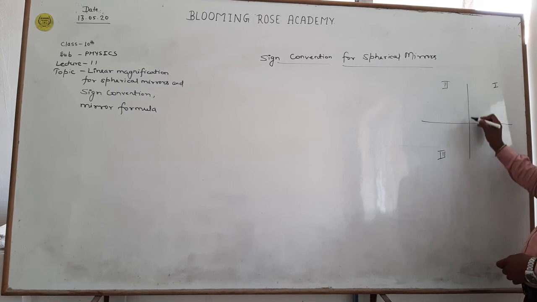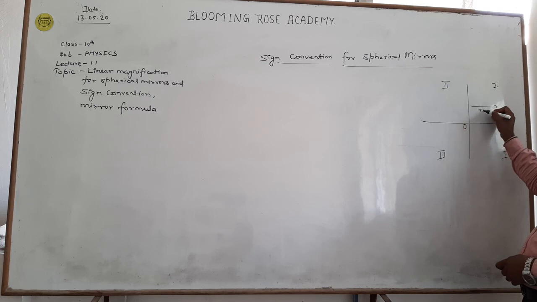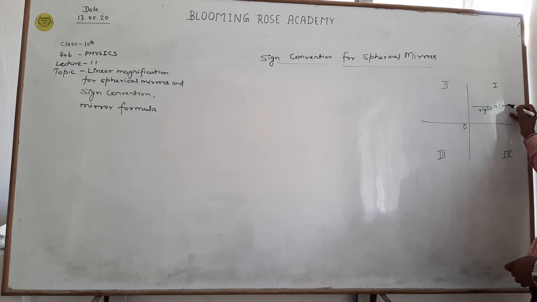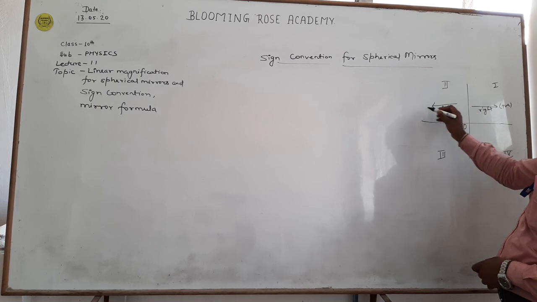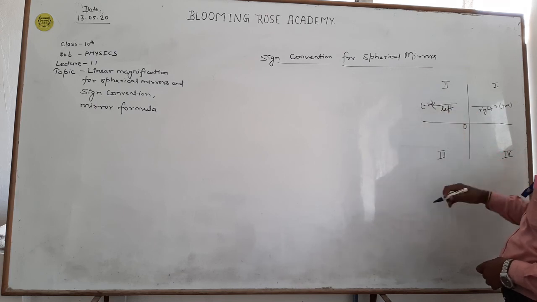From origin O, when we go to the right side, we take the sign as positive, and when we go to the left side, we take the sign as negative.